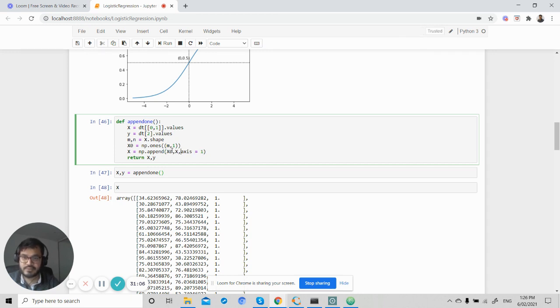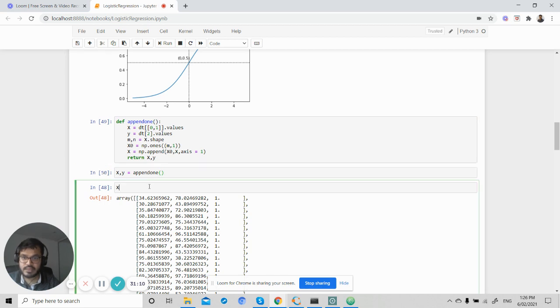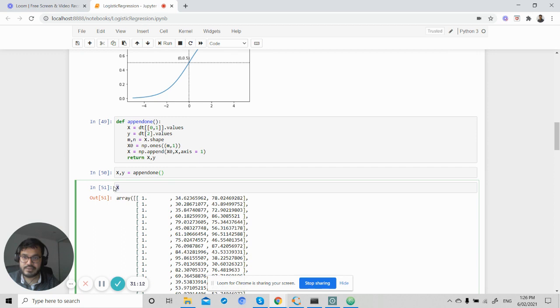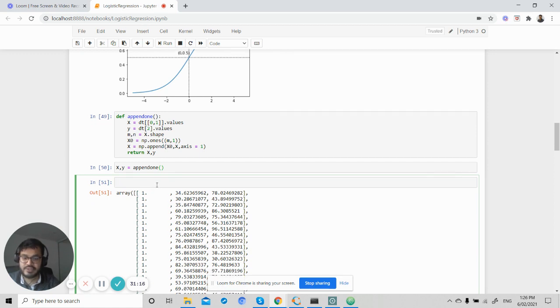We need to append it on the first. So change that. So yeah, we can see now x has been appended. And let's declare the initial theta. So our initial theta is all zeros. Let's save my one.